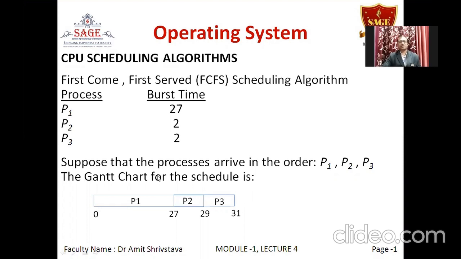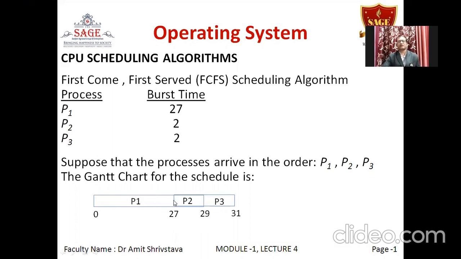There are two schemes, as I was telling you, preemptive and non-preemptive. Look here, we have three processes, P1, P2, and P3. Now, P1 has 27 unit time interval. Once we have allotted the CPU to process P1, we do not take back the CPU from P1 till its complete execution of 27 unit time interval.